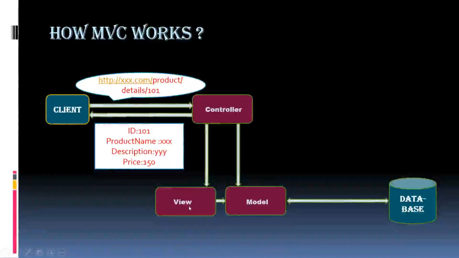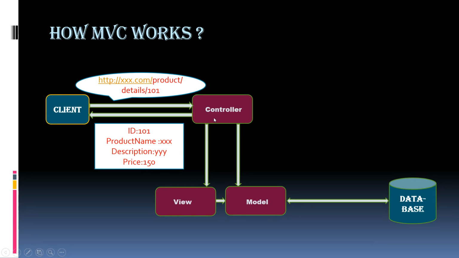The only responsibility of the view in the MVC design pattern is to render this model data to the client. So the view will generate the necessary HTML in order to render this model data. Once the HTML is generated by the view, the HTML is then sent over the network to the client who initially made that request.